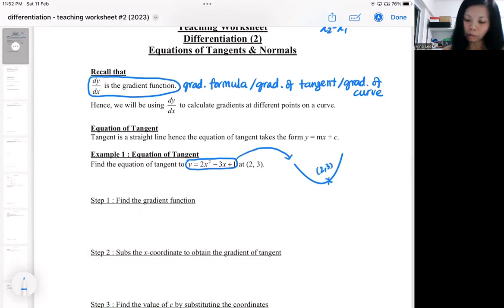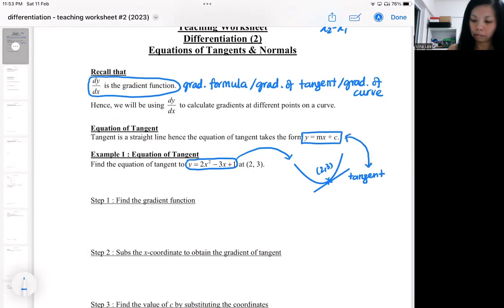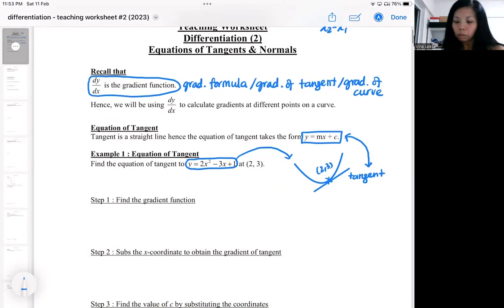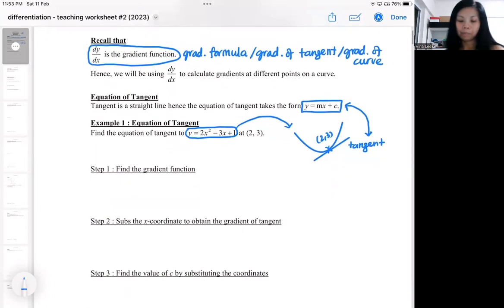Like in additional maths, you draw a tangent with your ruler. The tangent that you draw is a straight line. That's why it will always be in the mx plus c format. So it will always be a straight line for the equation of a tangent.